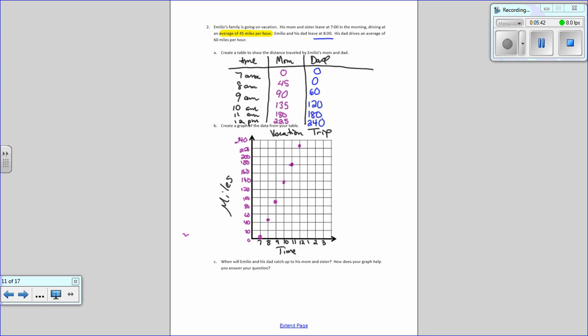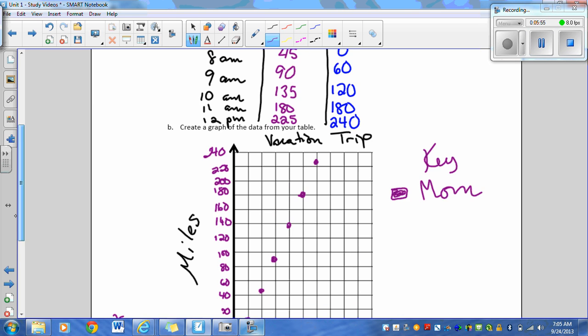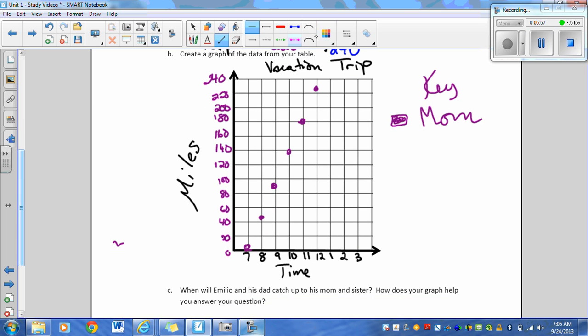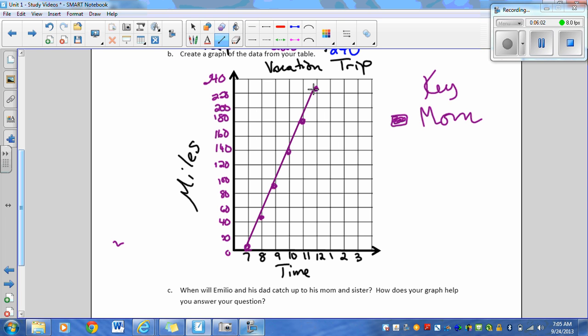Okay, so that's mom and sister. Purple is mom, this is your key. And then you take a ruler and you connect them. Now I'll make my line in purple so that it's consistent. That's mom.